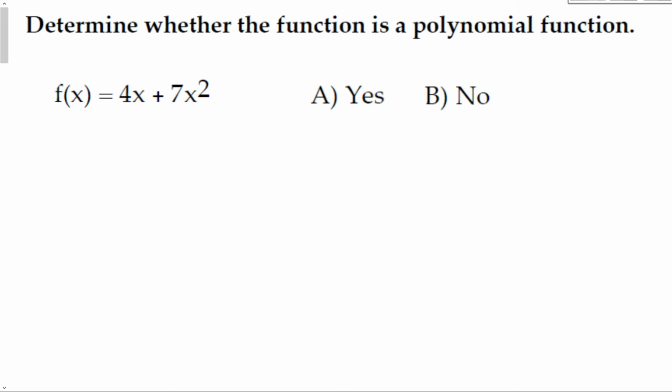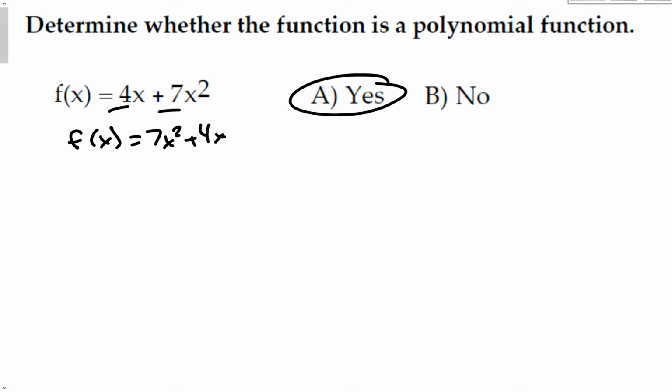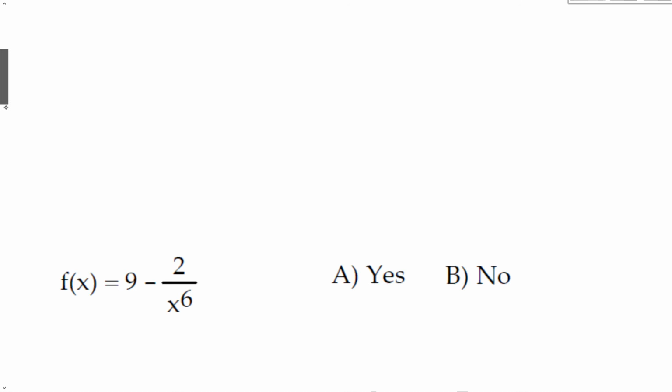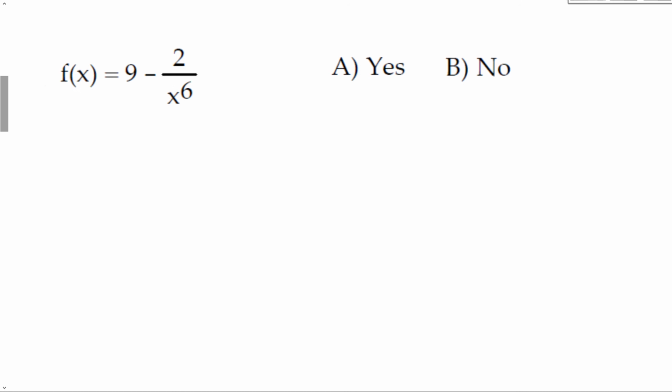Is this a polynomial function? Well, first of all, it's not written in standard form, so I should rewrite it as f of x is equal to 7x squared plus 4x. And when I look at this, all the coefficients are real numbers. All the exponents are non-negative integers, so the answer here is yes. Is that a polynomial function?